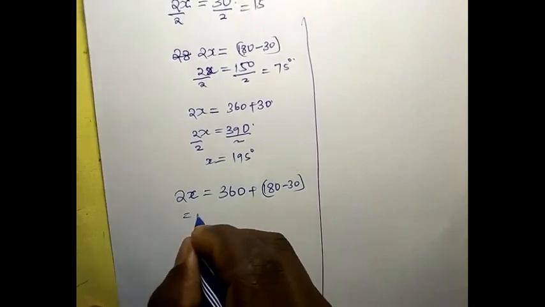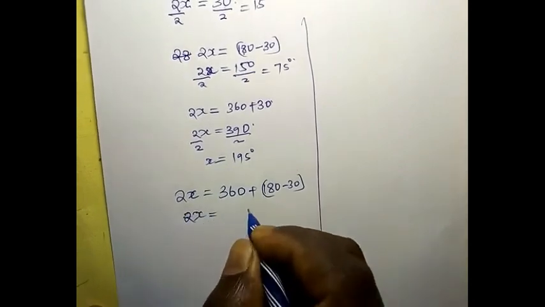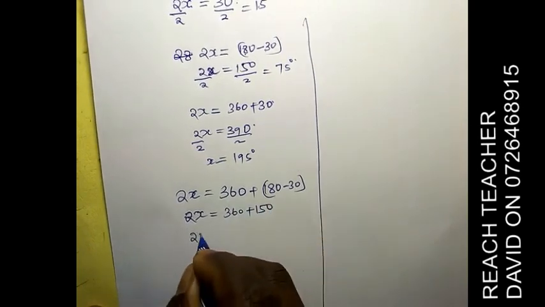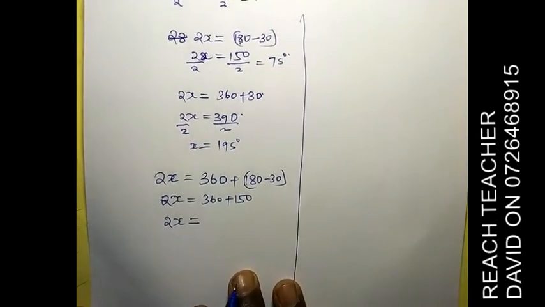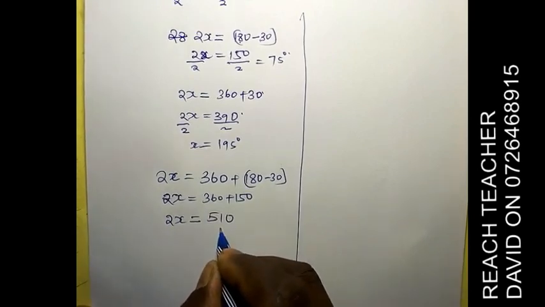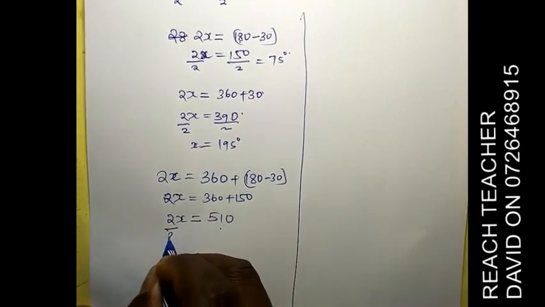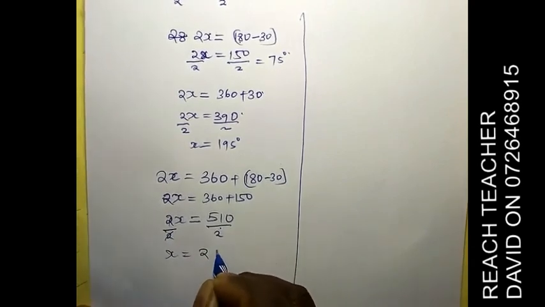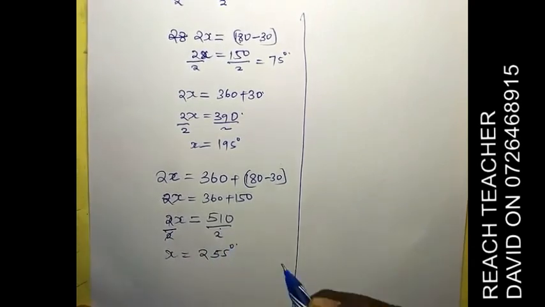So we will have 2x is equal to 360 plus 150, which is 510. We divide by 2, so x equal to 255 degrees.